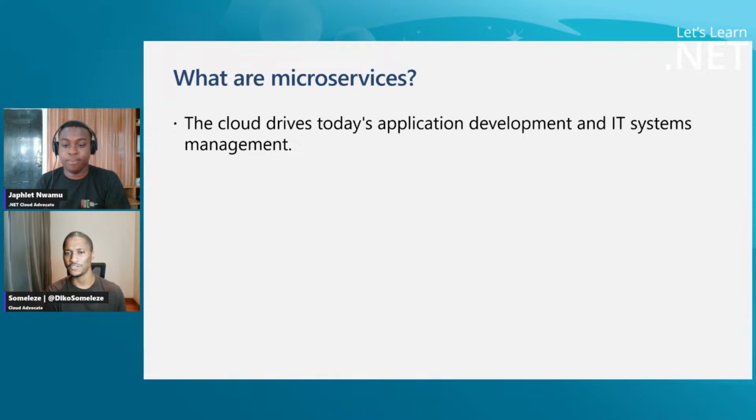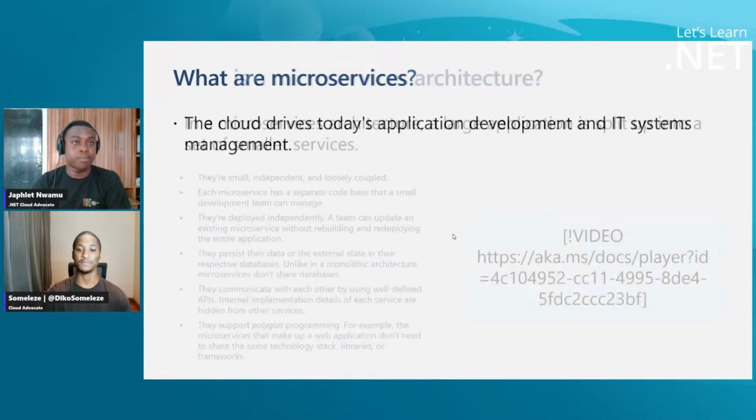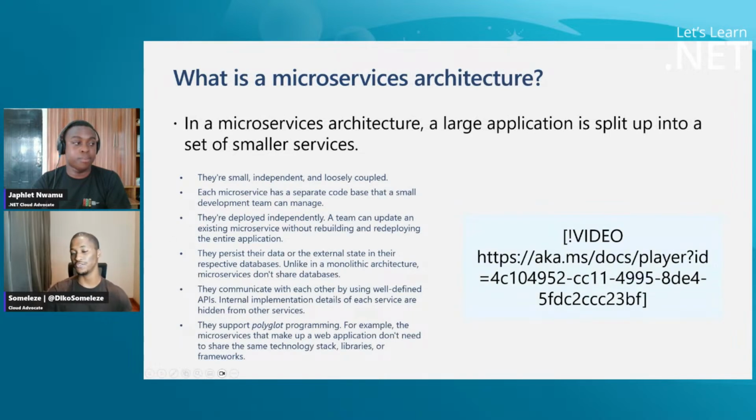We spoke about microservices, and now we're mentioning microservices architecture. What is it? What's the basic information around microservice architecture? Let's look at what the microservice architecture really offers. For example, in a microservices architecture, a large application is split up into a set of smaller services.